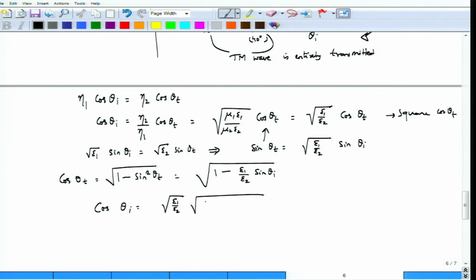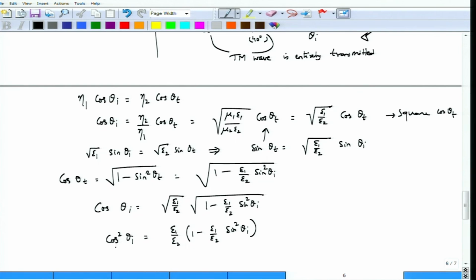Cos theta t is square root of 1 minus epsilon 1 by epsilon 2 sin square theta I. So, this implies that cos square theta I must be equal to epsilon 1 by epsilon 2 into 1 minus epsilon 1 by epsilon 2 sin square theta I. Is it sin theta I or sin square theta I? This is sin square theta I, we forgot a square up here. So, this is the expression for cos square theta I.